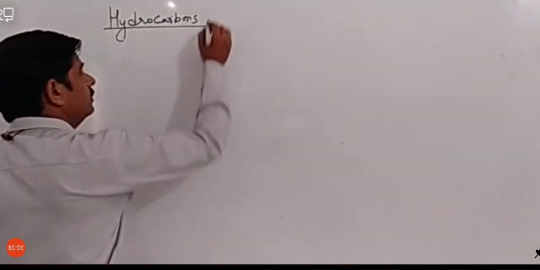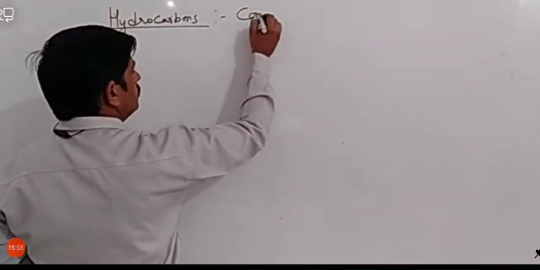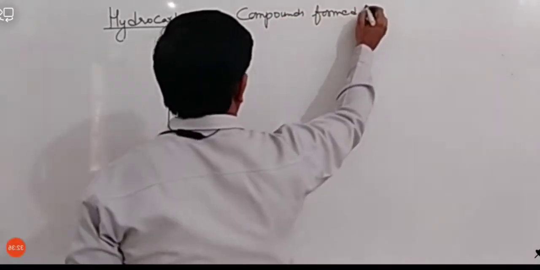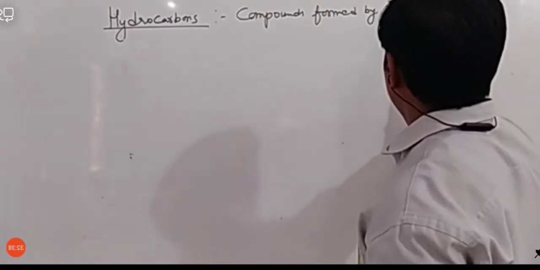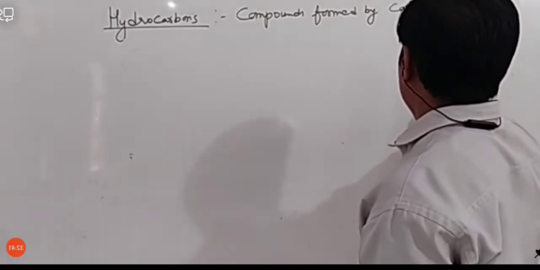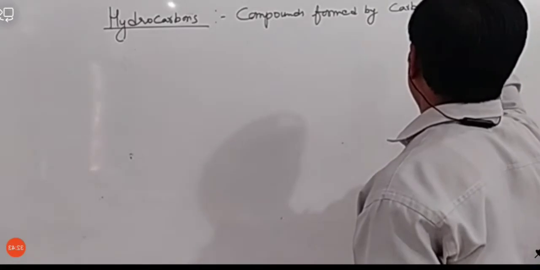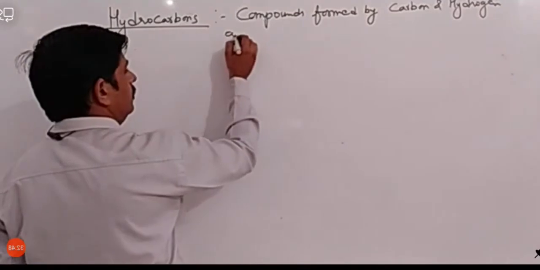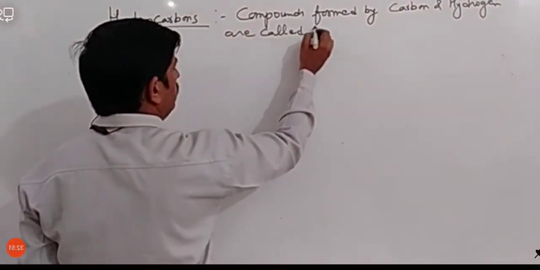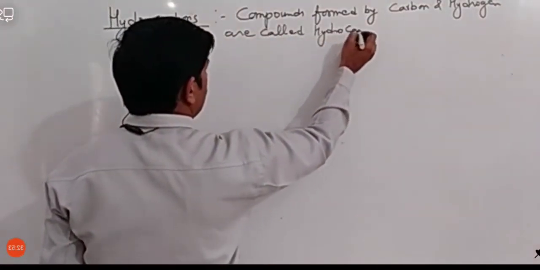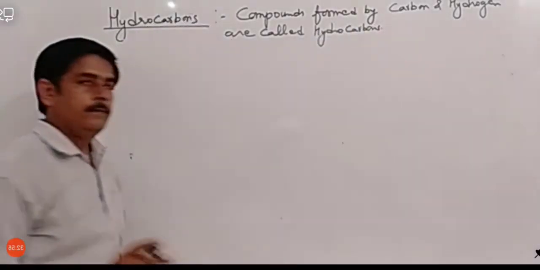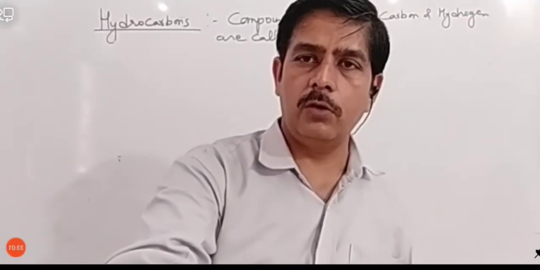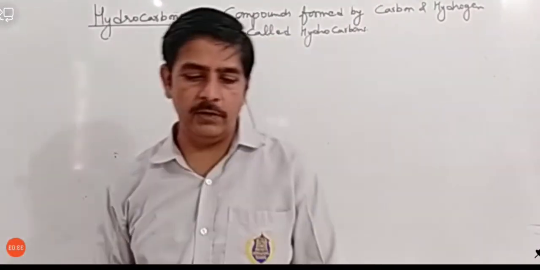So you can say compounds formed by carbon and hydrogen are called hydrocarbons. Okay. We will take it in a very simple way. We will try to understand it in a very simple way. You will feel very comfortable.